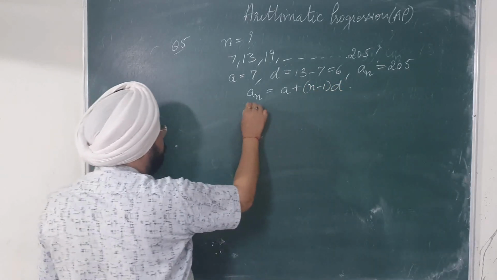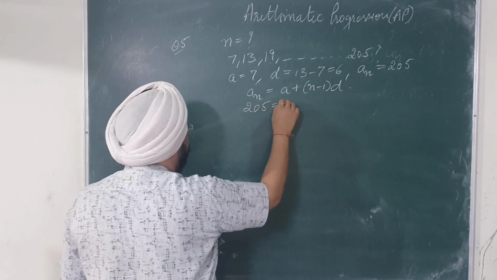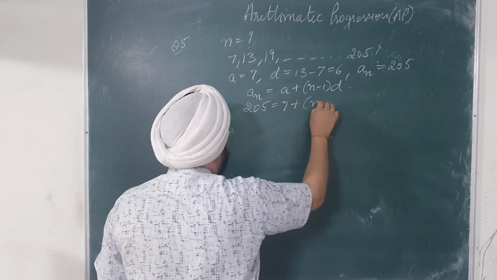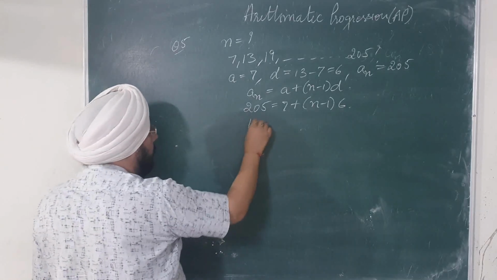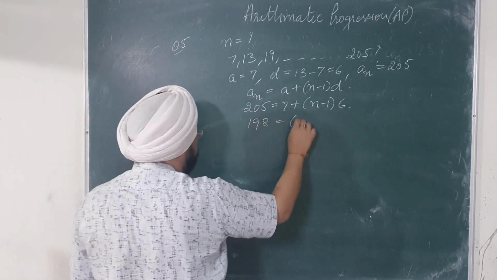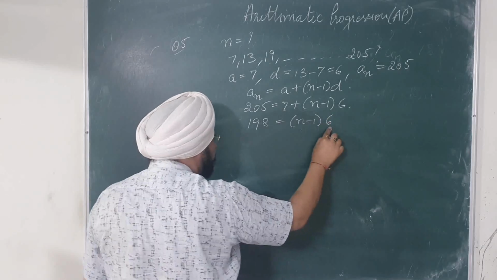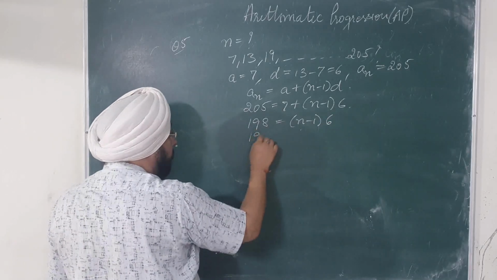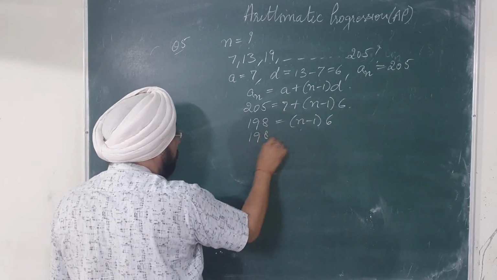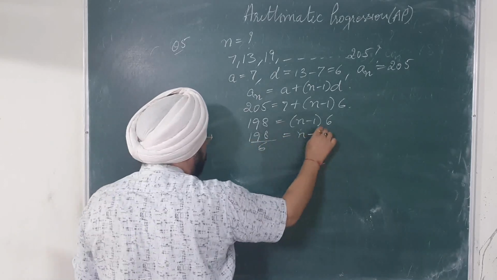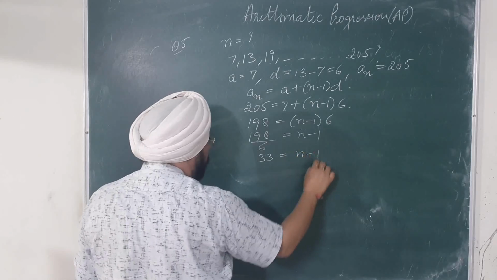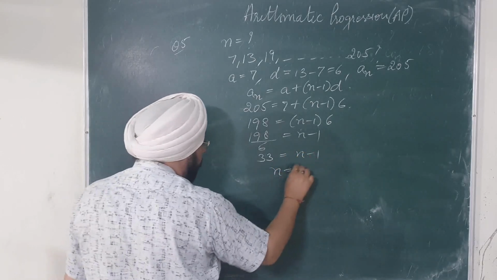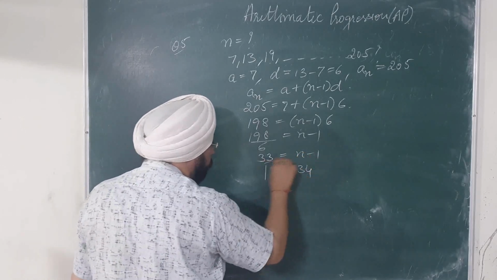Substitute the values. Now bring this 7 to this side, we get 198. Bring this 6 to this side. So if we divide 198 by 6, we get 33, this is n minus 1, then 1 to the other side. So we get n is equal to 34.